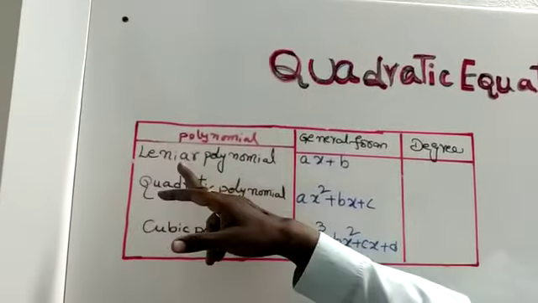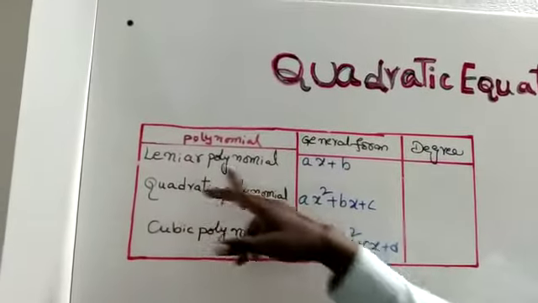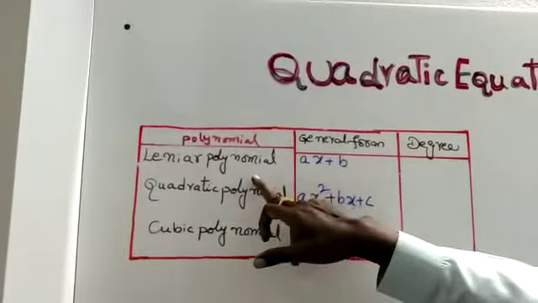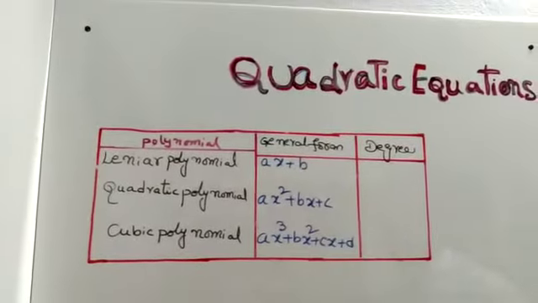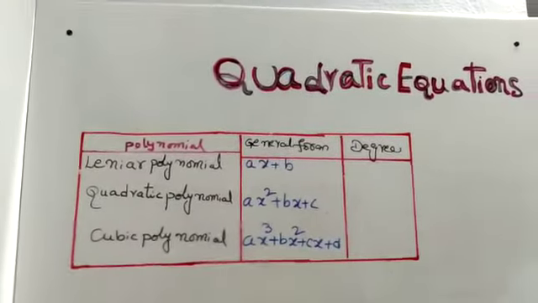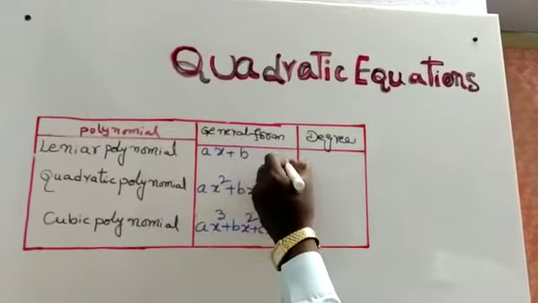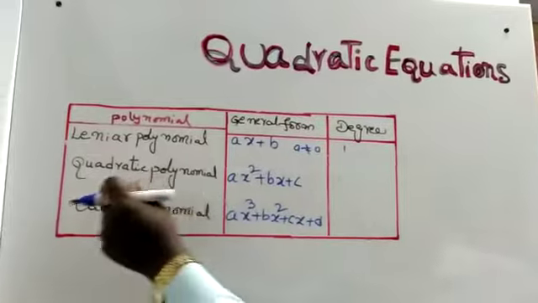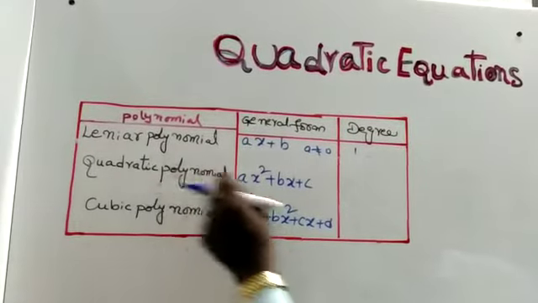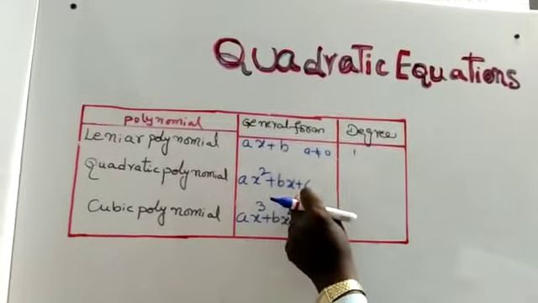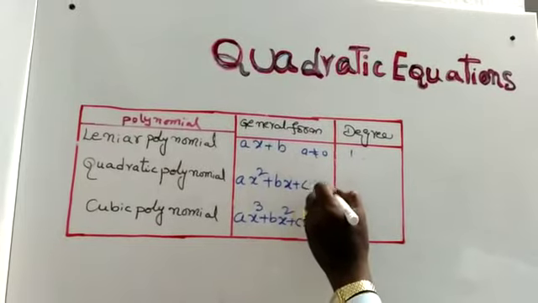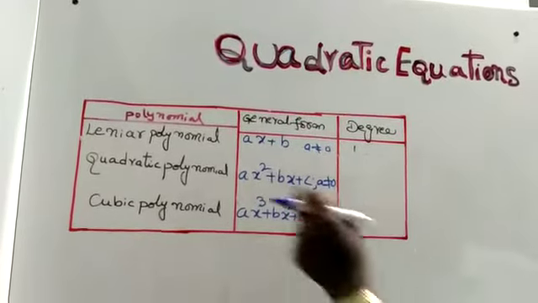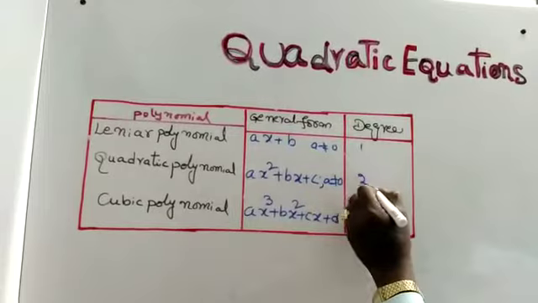You have to remember first the linear polynomial. Linear polynomial, the general form is ax plus b, where a is not equal to 0, and the degree is 1. The quadratic polynomial is ax square plus bx plus c, here also a is not equal to 0, so the degree is 2.